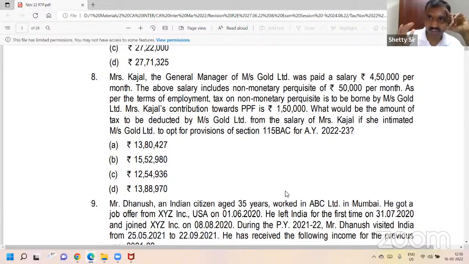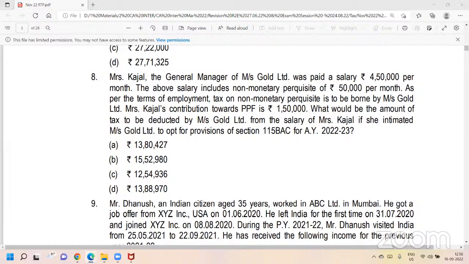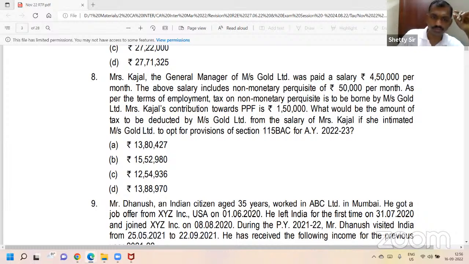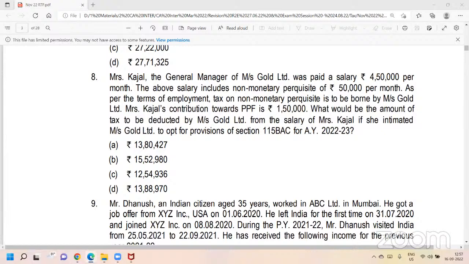This is not an exemption; that amount is just to be cut from TDS. Section 192, within the bracket 1A, 50,000 into 12 months into 28.7588.